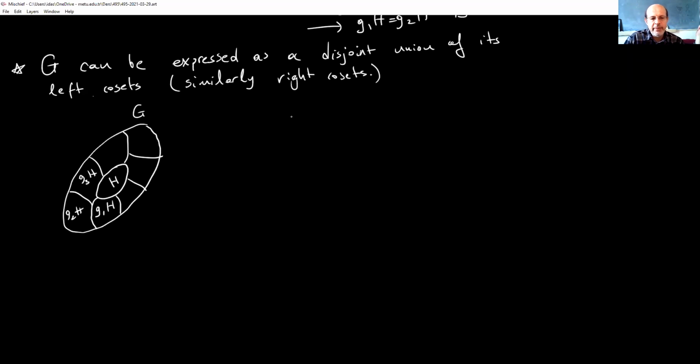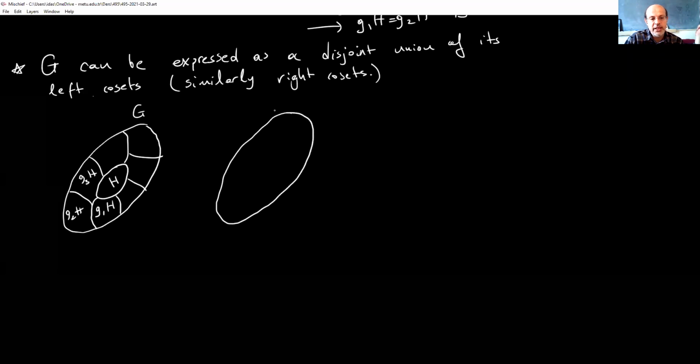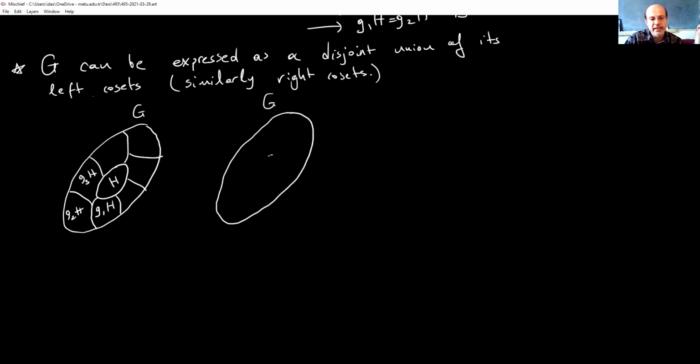Or I can do the same thing for the same group with the right coset. So let me try to draw the same picture again. It's the same subgroup again, but this time we just do it for the right coset. So suppose this is HG1, and then we have HG2, HG3, and so on.